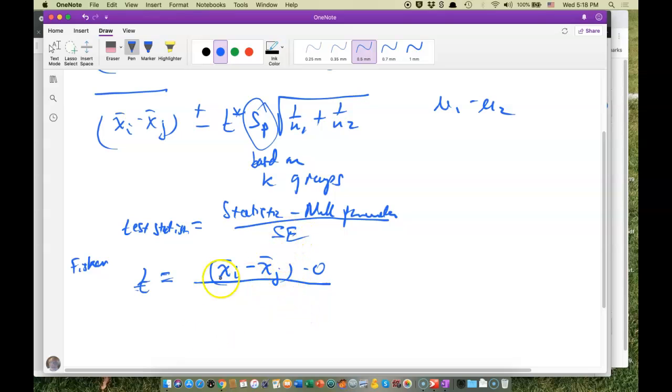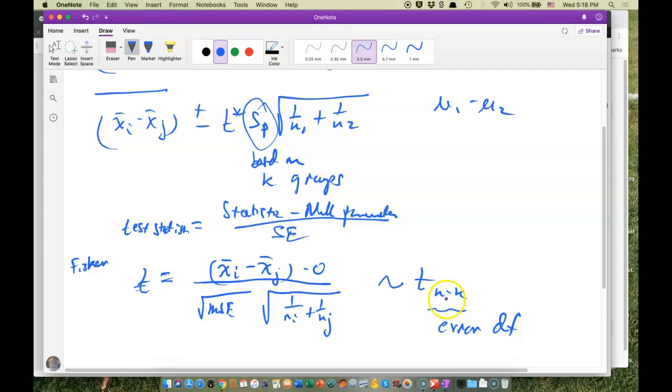And down below is the standard error, which is going to be the square root of MSE times the square root of 1 over Ni plus 1 over Nj. That's going to have a t distribution, and the degrees of freedom are going to be the n minus k that we saw before, the error degrees of freedom. So you could go ahead and compute this test. It would look similar to the ones that we've done before, but it's going to take all the information from all the groups to get a better estimate of the standard error.